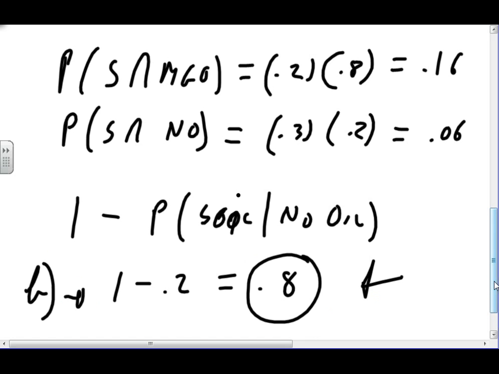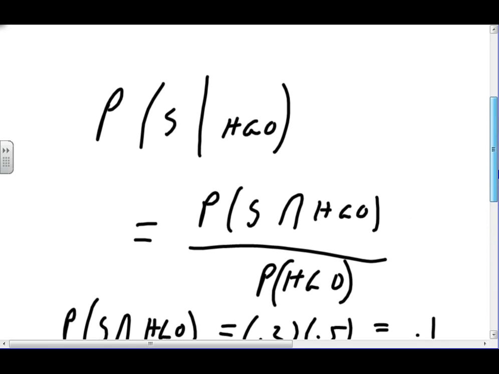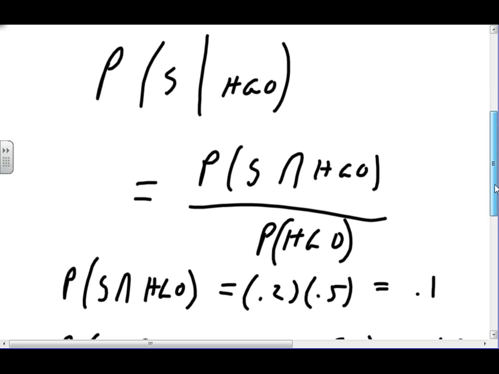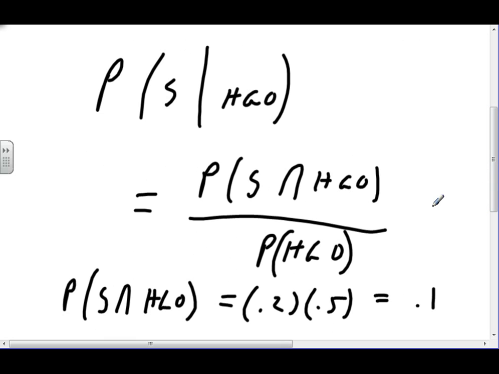So, where did you get those numbers then? The 0.1 and 0.2. On page, where is it? What are you at? Page 182. It says the conditional probability of the event is equal to the probability of the union of the two events divided by the probability of the event.